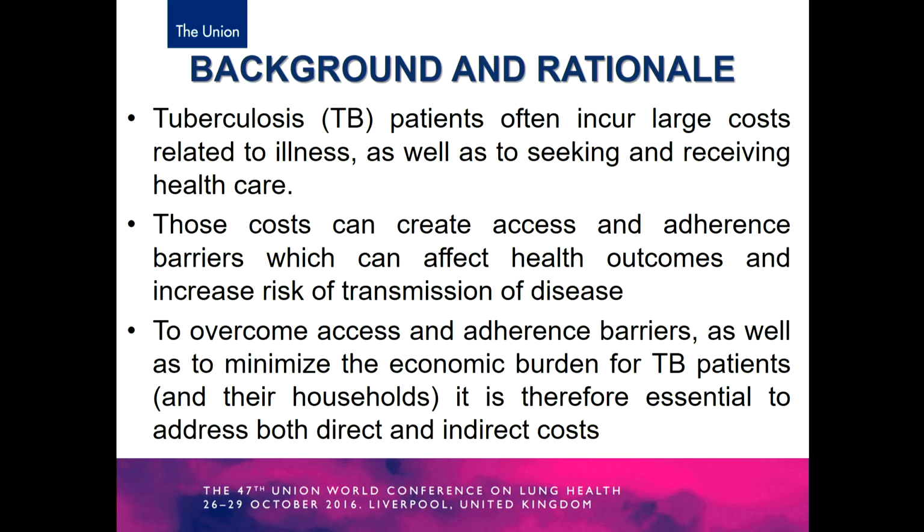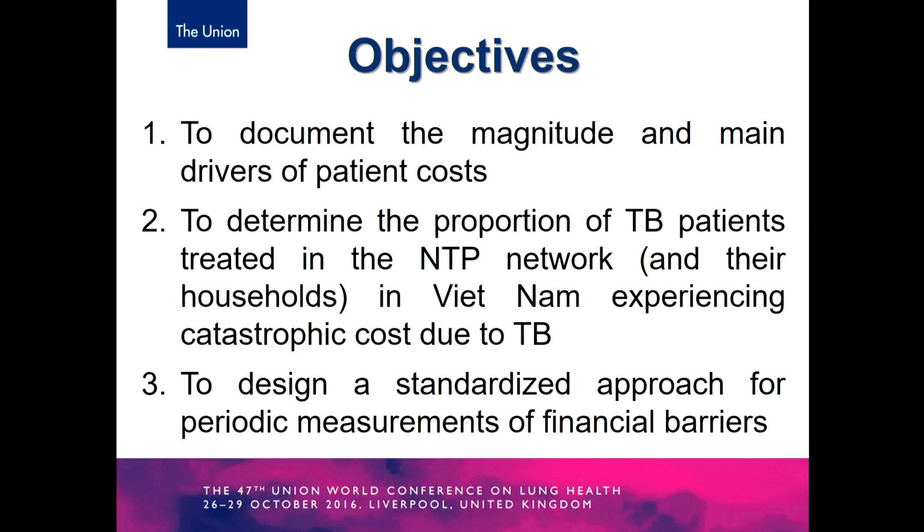As you may know, the majority of TB patients in Vietnam live in poor households, and this study may provide us very good evidence on how TB affected the socio-economic status of TB patients.